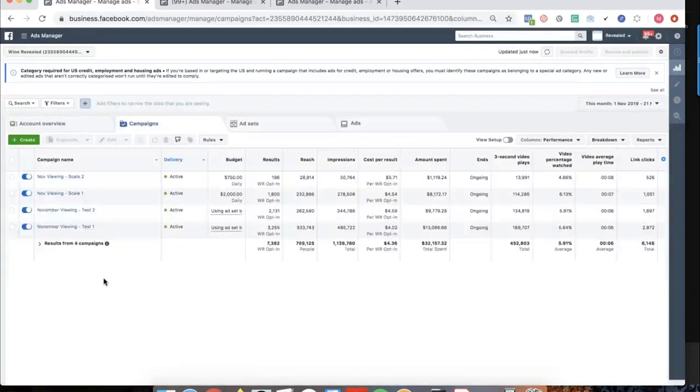And really quick, guys, I do not recommend duplicating campaigns for scale. That's something that a lot of people teach. And maybe if you're running a 3-day flash sale and it really doesn't matter if you're directly competing against yourself, it might work.